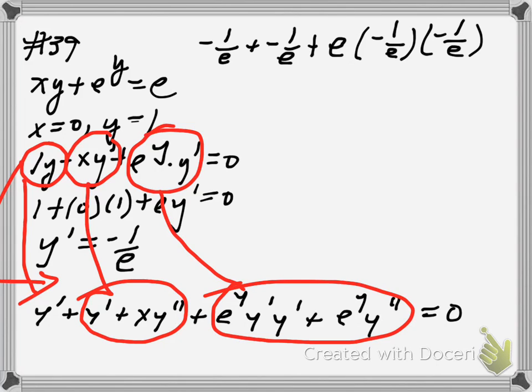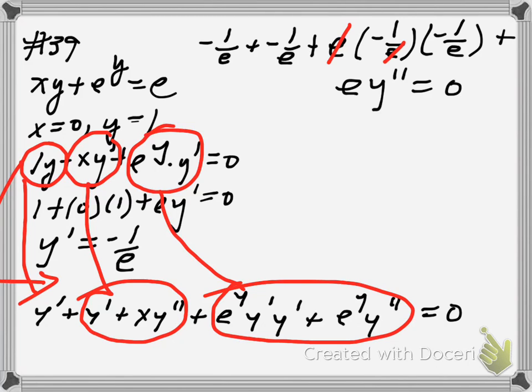I'm running out of room here. Plus, we'll just go down below here, plus e to the y, which y is 1, so that's e to the first power, or just e, times y double prime. And that's going to equal 0. And if you just combine all your like terms, negative 1 over e plus negative 1 over e is going to be negative 2 over e.